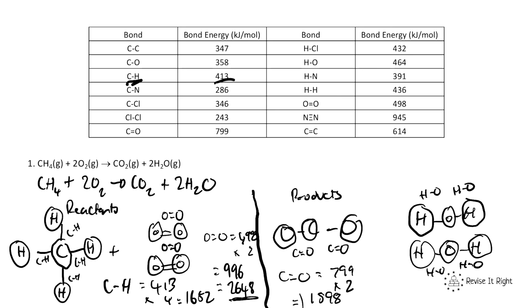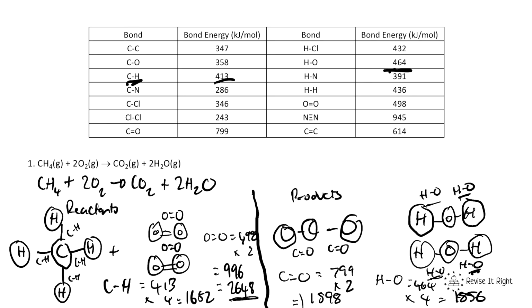And then we've got 4 lots, if we can see 1, 2, 3, 4 of these H-O bonds. H-O is 464, we've got 4 lots of them, so we times it by 4. 464 times 4 gives 1,856. And I hope you can see now why it's really important that we draw these bonds out, because it really helps us to see them.